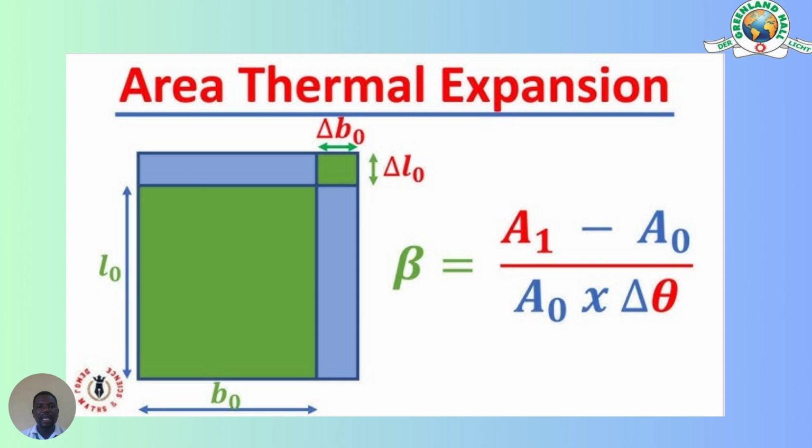Now look at the increase in area that we are able to achieve when this material is subjected to heat. This is the change in length times the change in breadth. When you multiply, it will give you the change in area. With this, we will be able to calculate the change in area given the linear expansivity of the material.